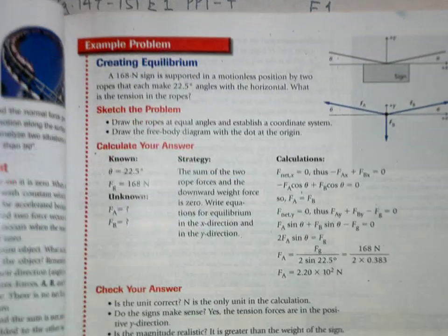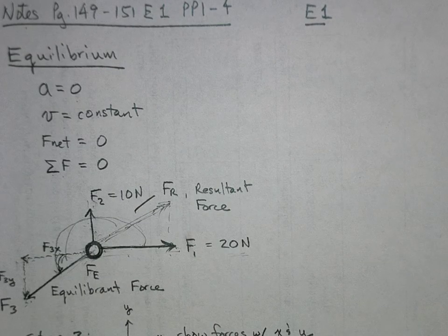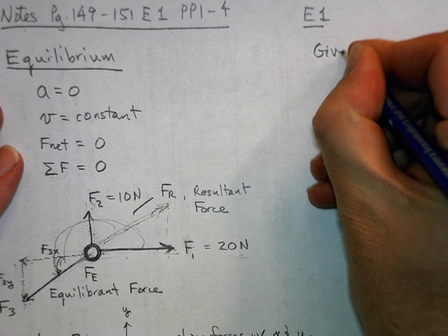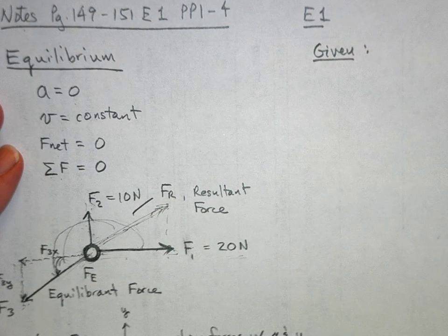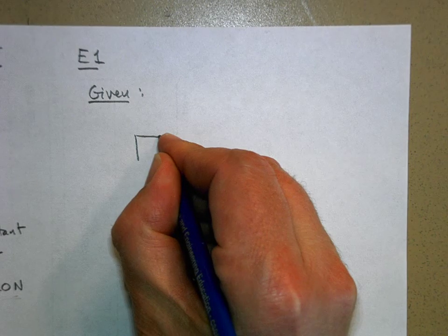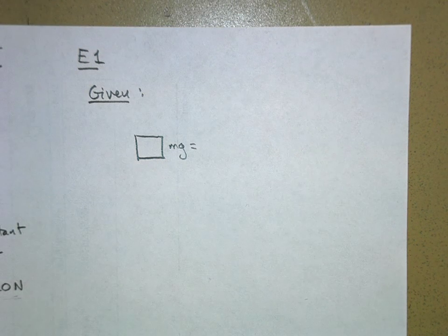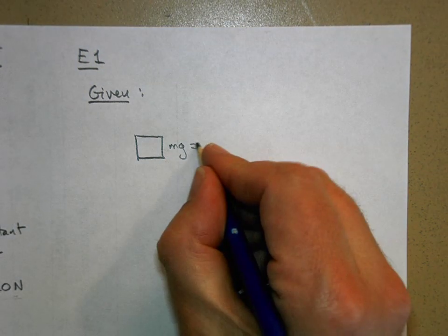So, here's the problem. Now, I'm going to do step one for you here. So, here's what's given. Okay, we've got a sign, and this sign has a weight, mg is equal to 168 newtons.